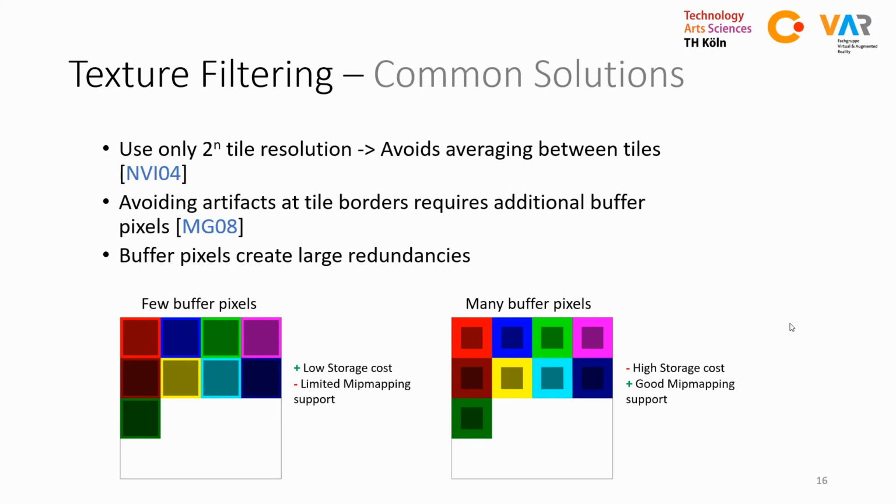The solution for the first problem, the tile blending problem during the mipmap generation, is rather simple. Since mipmapping always averages a region of 2x2 texels, this inter-tile blending can be prevented by using only power of 2 tile resolutions. To eliminate the artifacts at the tile borders, however, we need to store additional buffer texels at the edges of each tile.